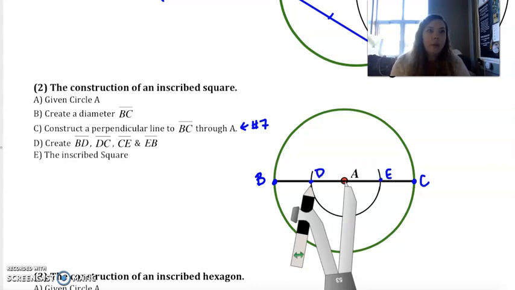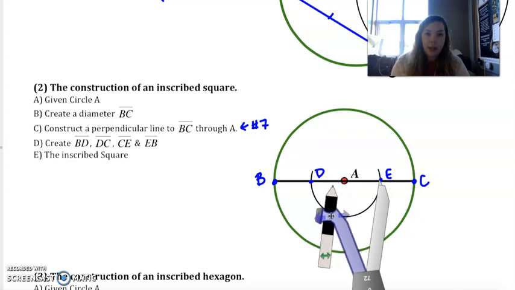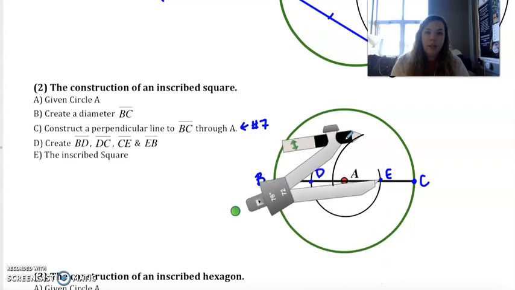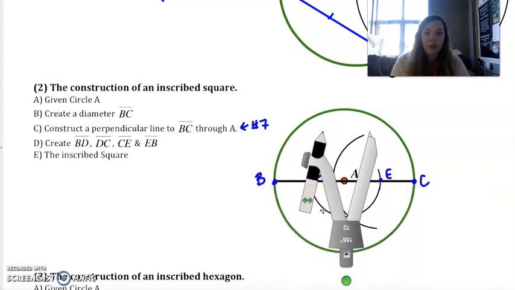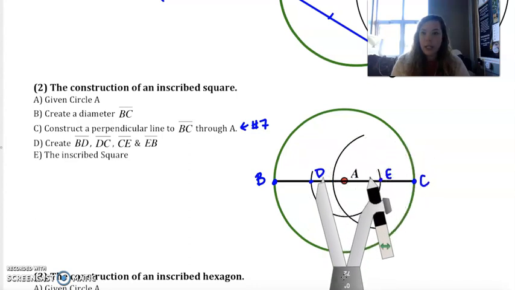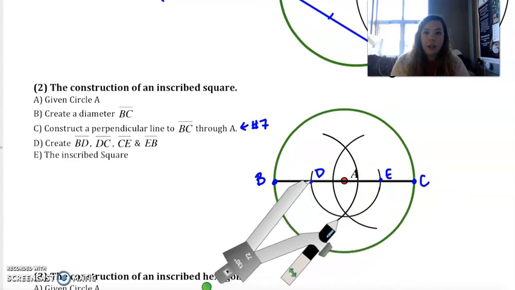And then if you remember, from E to A, we want our pencil to extend past A, and then we'll make an arc. Without changing this distance, we're going to put our pointer on D to make the same arc. Then we can draw a line through these two points where they cross.